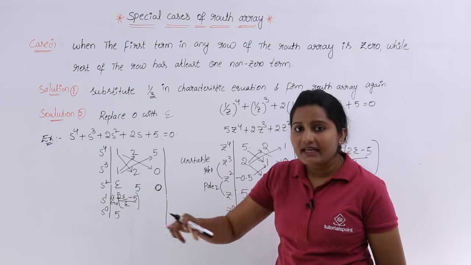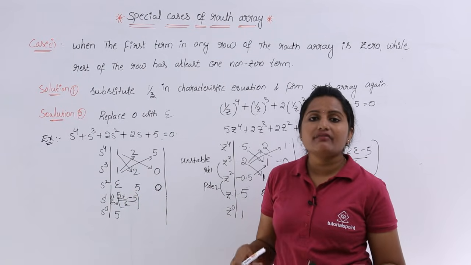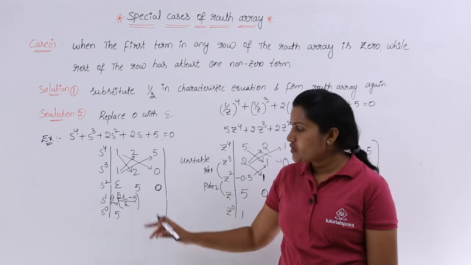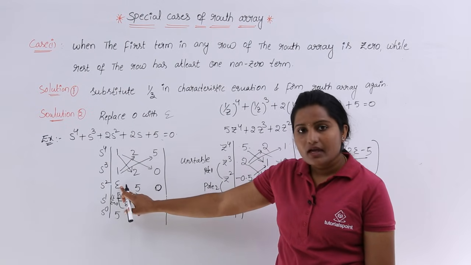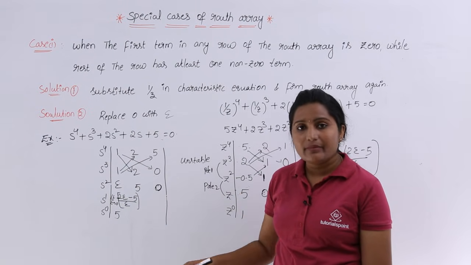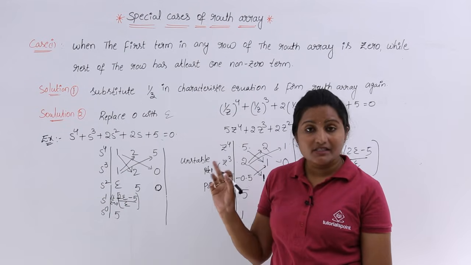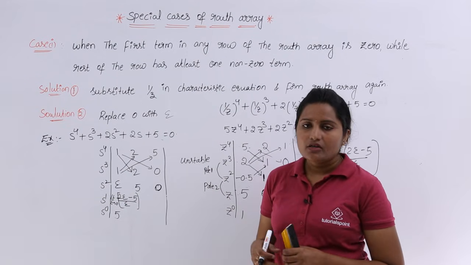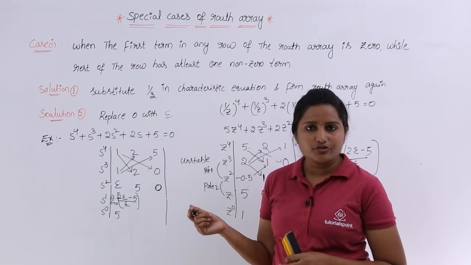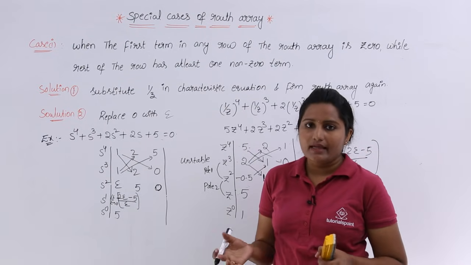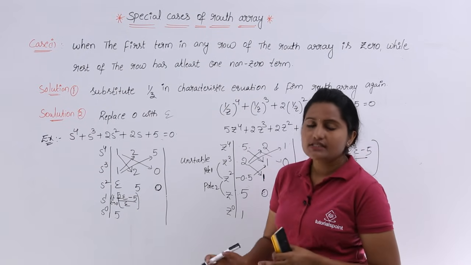If all the elements are 0 in a row, that comes under the second case. So if the first element is 0 and at least one non-zero element in the row is there, then that comes under the first special case in Routh array. We will solve some problems related to this, and you can clarify your doubts in those videos.